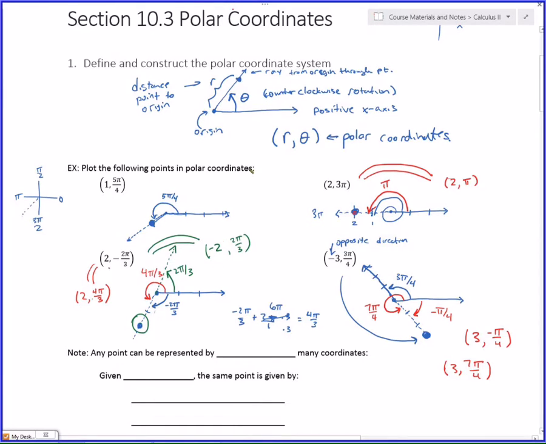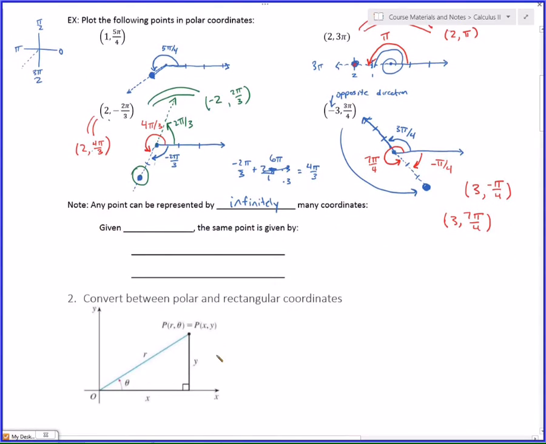Okay, so the easiest way to think about that is just to realize that any point I give you can be represented with infinitely many different coordinates, because I can just keep going around the circle. So given r and theta, I can leave r the same, and I can keep adding to theta multiples of 2 pi.